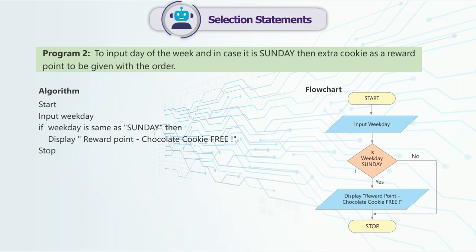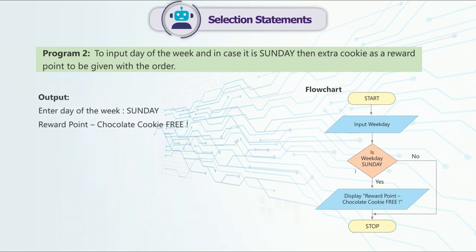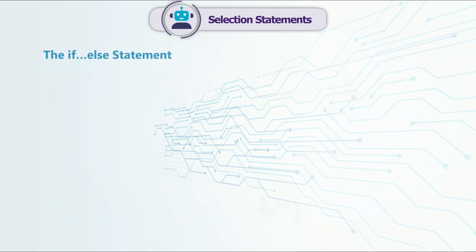Input weekday. Is weekday Sunday? No: Stop. If yes, display reward point chocolate cookie free. Stop. Source code. Output. Enter day of the week. Sunday. Reward point chocolate cookie free.